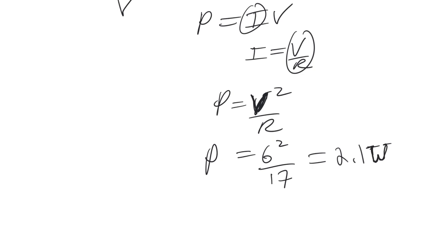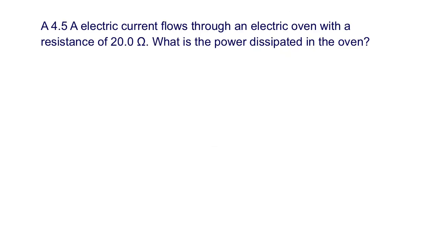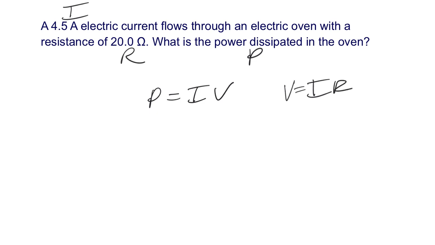So here we have a current going through the elements in an electric oven. The resistance is 20 ohms. What's the power used by the oven? So P equals IV, but I don't have I. So, wait, I have I, I don't have V. So V equals IR, so I'll substitute that in for this.